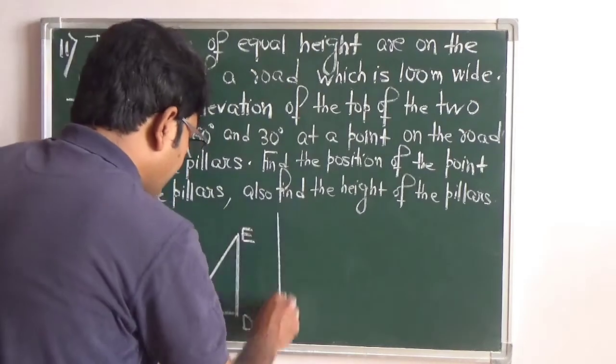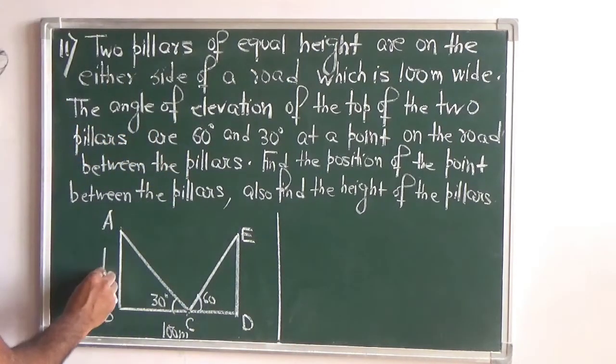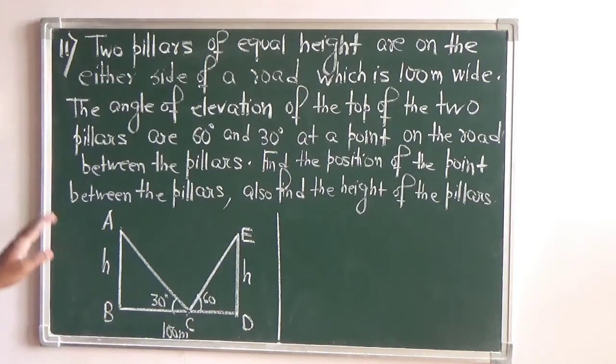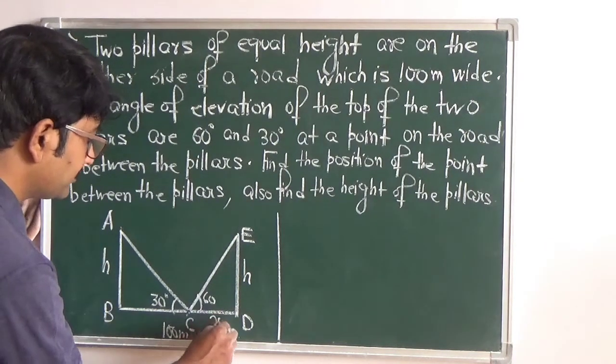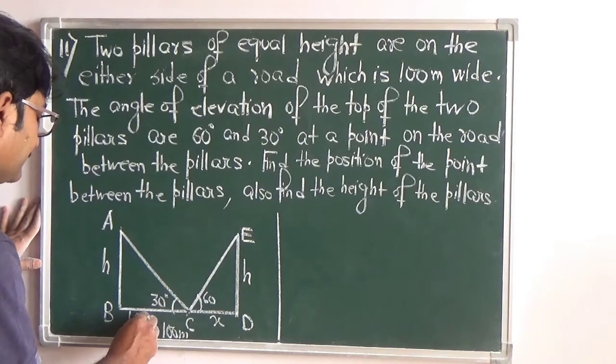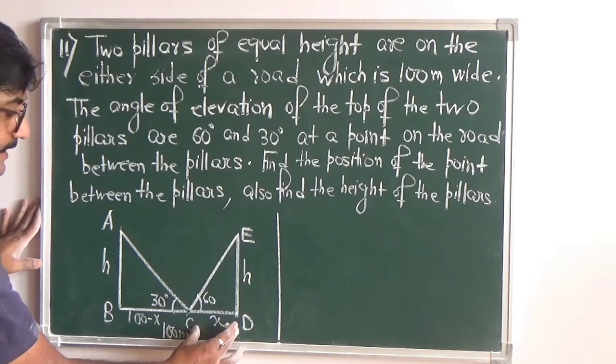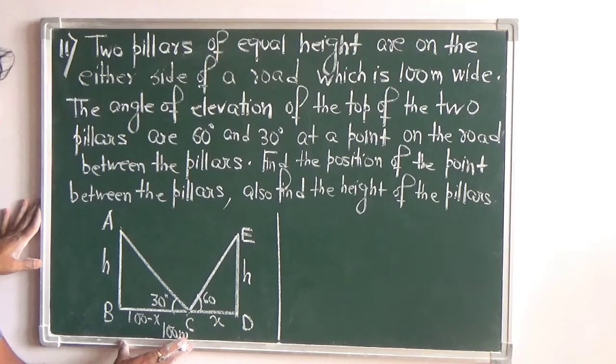So let this be H, because both are same. If CD is X, then BC is 100 minus X, since the total distance is 100.